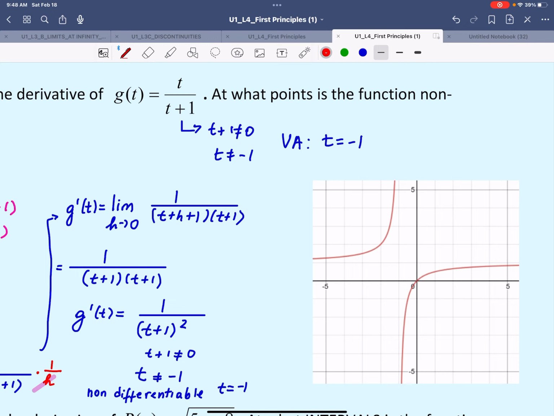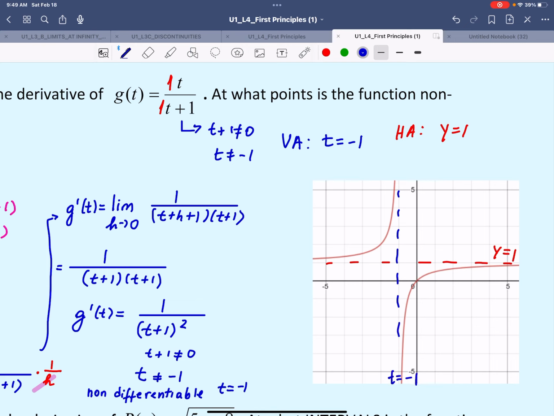And as you can see again, a horizontal asymptote will happen at y equals 1. That's because numerator and denominator are of the same degree, which makes the horizontal asymptote y equals 1. And the vertical asymptote will be right here at t equals negative 1.